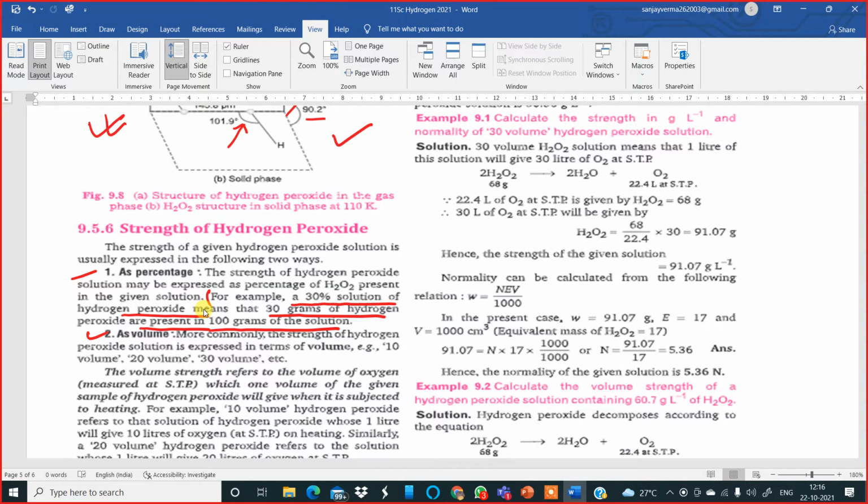And the next method of expressing the strength is in terms of volume. For example, you can take 10 volume, or 20 volume or 30 volume.